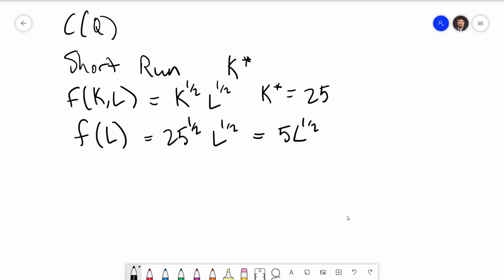To minimize costs, we're going to set this equal to our target output Q. Then we're going to solve for L to figure out what our quantity of labor needs to be. So I'm going to divide both sides by 5, and that's going to give me L to the 1/2 equals Q over 5. And then I'm going to square both sides to get L equals Q squared over 25. This is going to tell me exactly how much labor we need to use for any amount of Q.